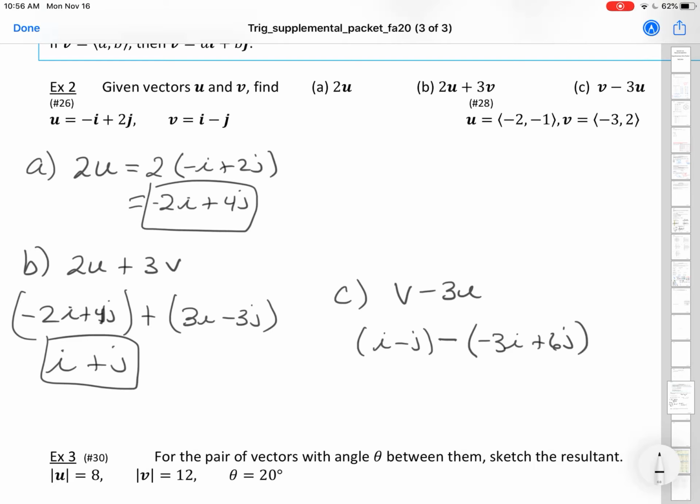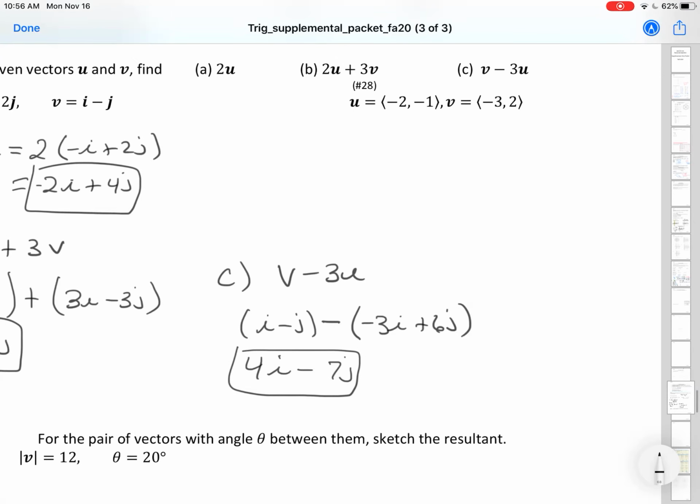So what's i minus a negative 3i? Well, we know that that's 4i. What's negative j minus 6j? Well, that's minus 7j. Where did we practice with this? Pre-algebra and beginning algebra. That's it. All we need to do is recognize that we're really dealing with vectors, but we're handling it algebraically.